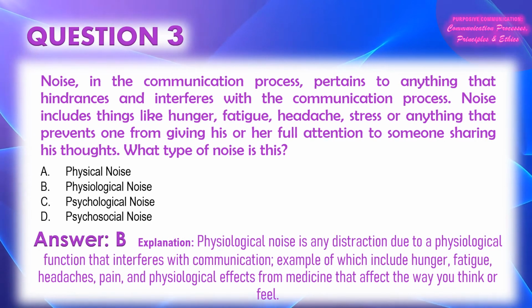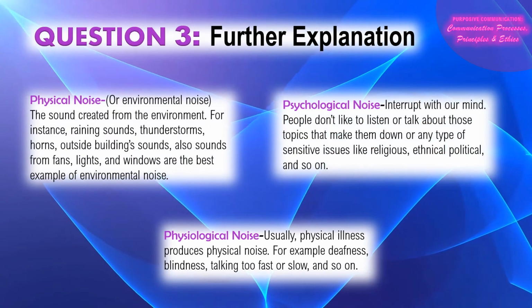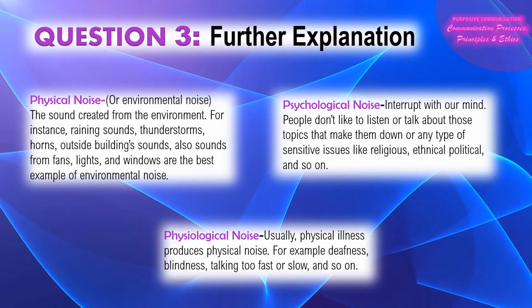What one feels physically, like hunger, fatigue, and headache, may definitely affect one's ability to communicate. In the communication process, this is called physiological noise. Here are the descriptions of the choices for your further reading.